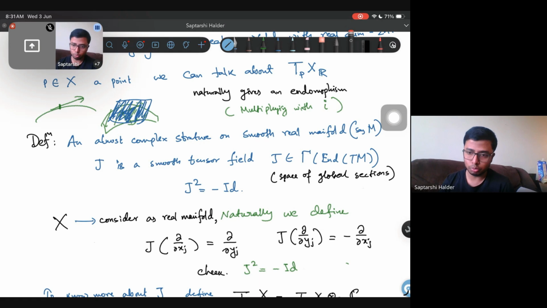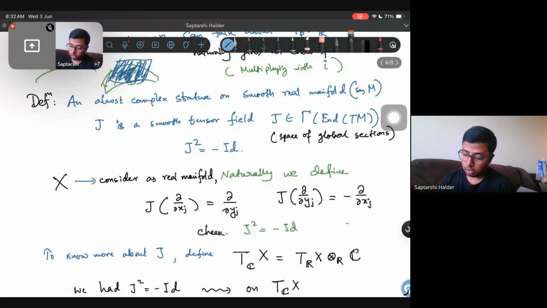What we were doing very easily on real differentiable manifolds, we want to do over complex manifolds as well. So I will tell you the steps for how to proceed. First of all, we need to have a structure on a manifold M, called the almost complex structure.